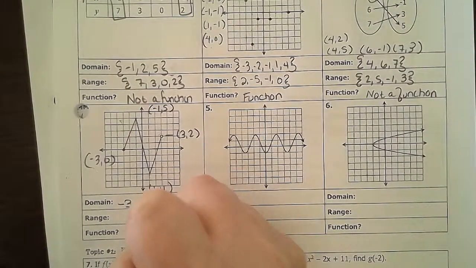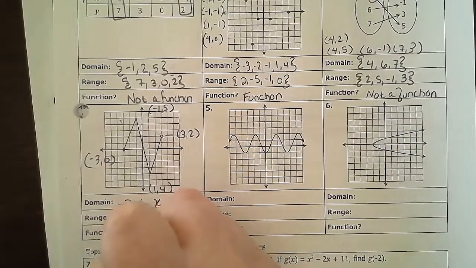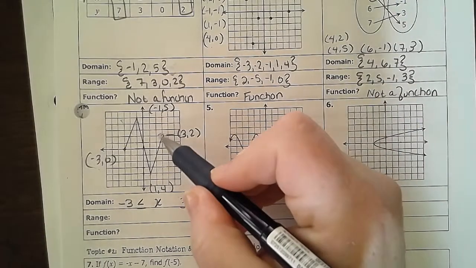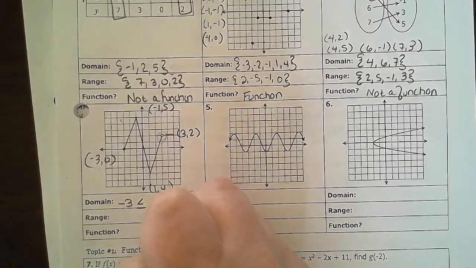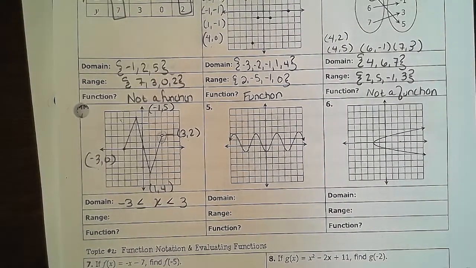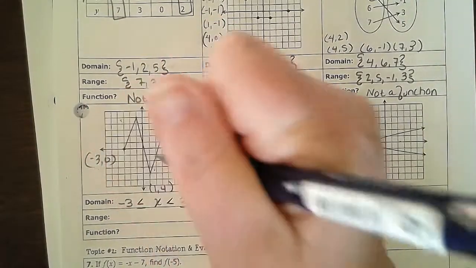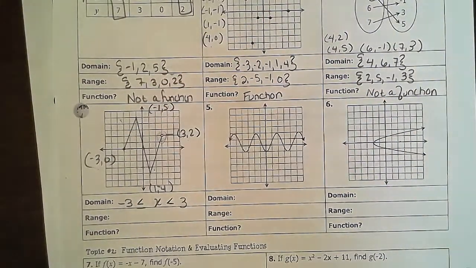So x, it includes this point, so it's all the points greater than or equal to -3. However, it doesn't include this +3, so it's all values less than 3, okay? Now we're going to do something very similar with our range, but we're going to look at our highest and lowest values of our y values, okay?